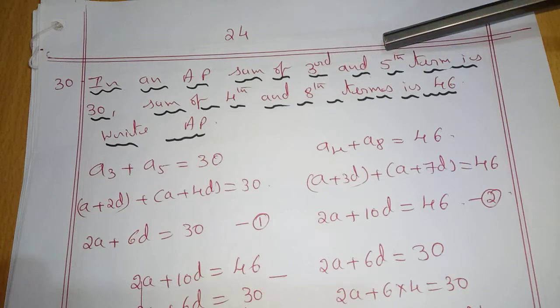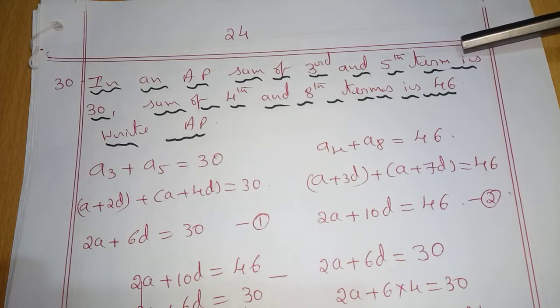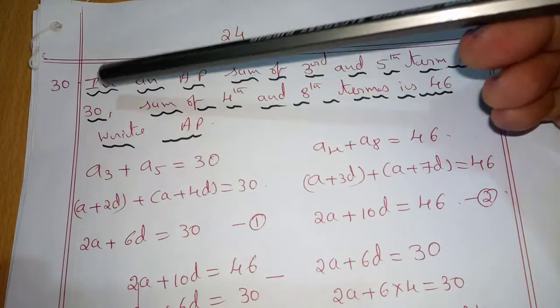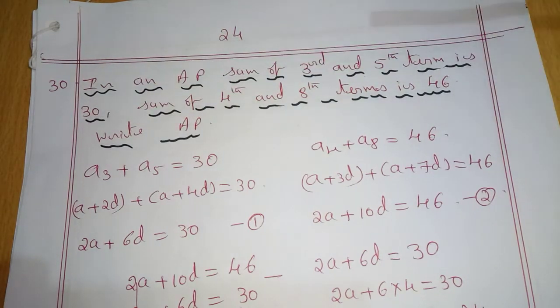In an AP, sum of third and fifth terms is 30. In an AP, sum of third and fifth term is 30.